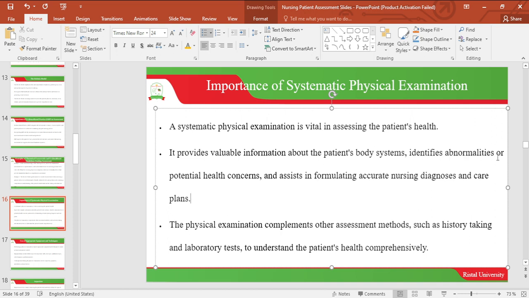It identifies abnormalities or potential health concerns, and also assists in formulating accurate nursing diagnoses and care plans. So, the physical examination complements other assessment methods such as history taking and laboratory tests to understand the patient's health comprehensively.